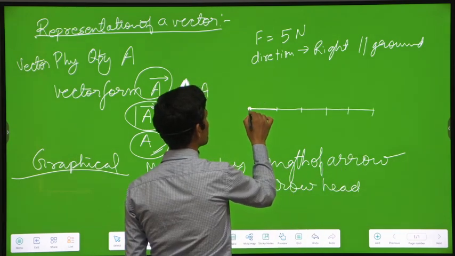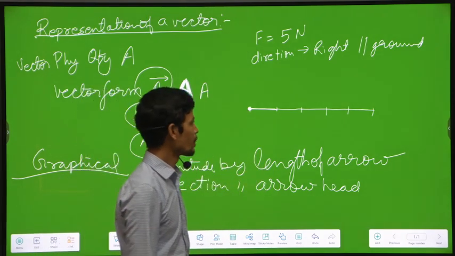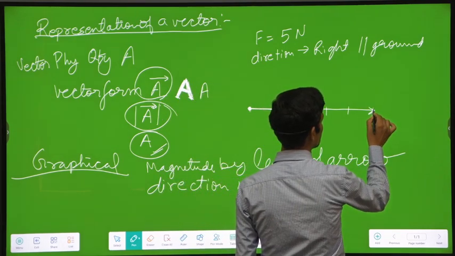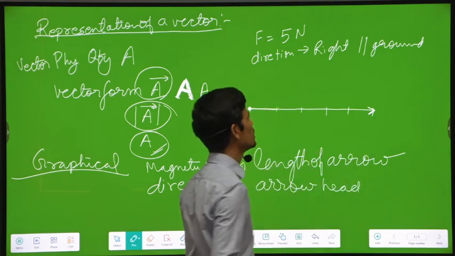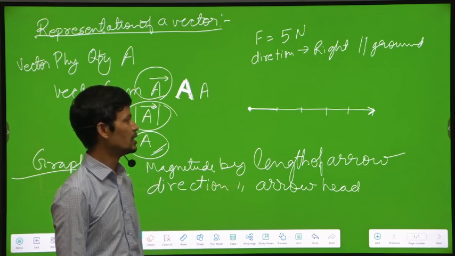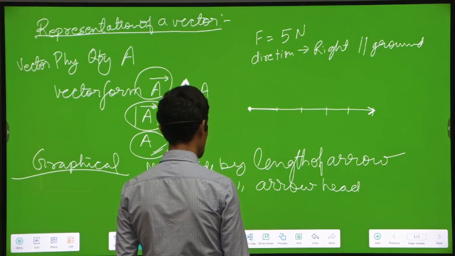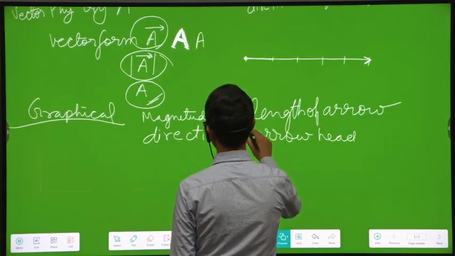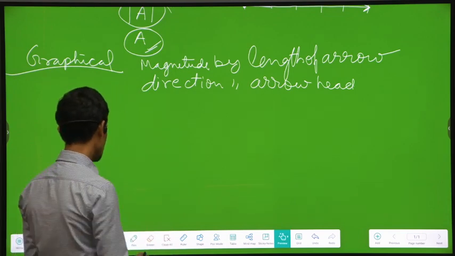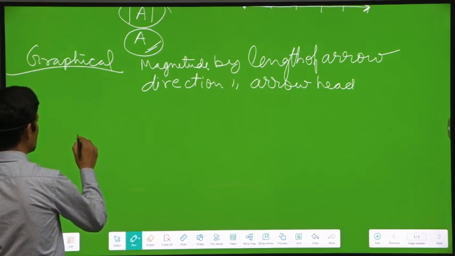This is its initial point and this is its terminal point. Its length is indicating its magnitude and its arrowhead is indicating its direction. But we just draw it schematically when we represent some physical quantity.